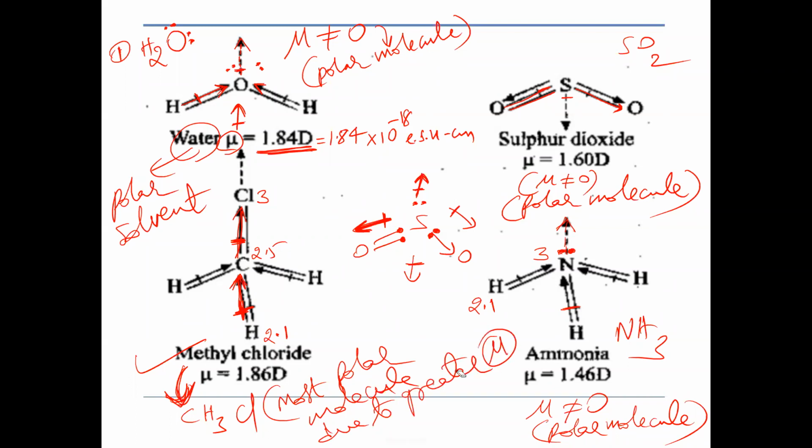Mu means the dipole moment. As the dipole moment value is greater for methyl chloride, it will be the most polar in nature. Among the given four, which is the most polar molecule? Methyl chloride, because of the greater value of dipole moment.